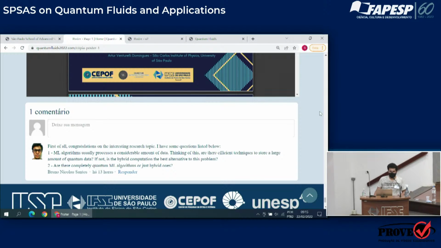Mostly the computers that are being used to do this kind of computation have large storage space for this kind of matter.